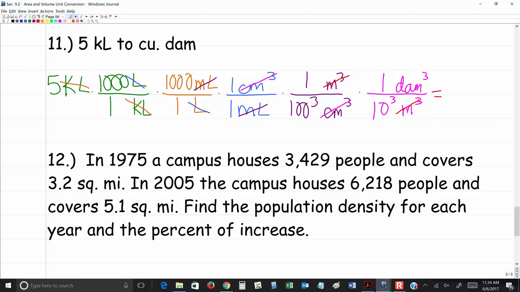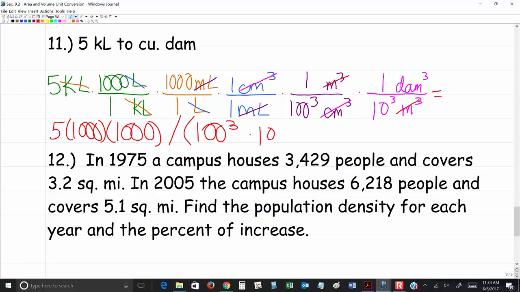Okay, now what I need to do here. So basically, I'll just write it all out. I gotta do 5 times 1,000 times 1,000 on the top, divided by parentheses 100 to the third power times 10 to the third power. And that's it.